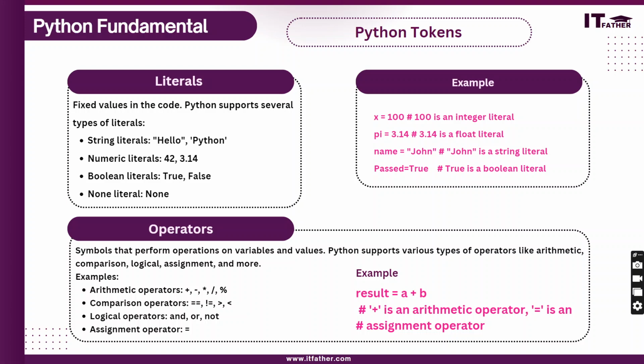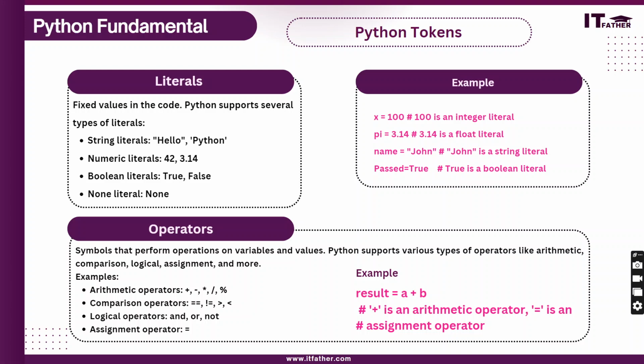For example, x equal to 100, 100 is an integer literal, pi equal to 3.14, 3.14 is a floating literal. Pi is a kind of variable which can have a different value. The value can change in future, but 3.14 is a literal which has the same value. 3.14 cannot be 3.15 or 3.16. It will always have the same value. In the same way, name equal to John. John is a string literal which has the same value. John cannot be changed, but name can be changed because that is a variable. So these are the literals.